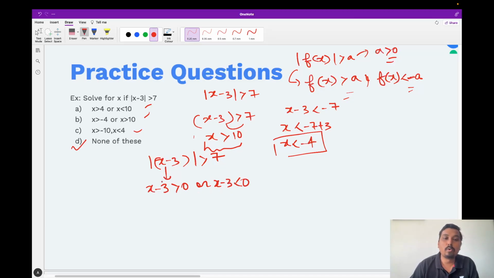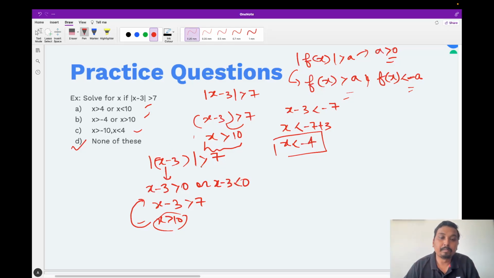We don't know which, because once you put the absolute value symbol, it means I'm only asking for positive values, but x minus 3 could have been negative or positive. So two conditions will open. If this is positive, it will open as positive, so x minus 3 is greater than 7, x is greater than 10. You just see the condition, x is greater than 3, x is greater than 10. Definitely I am satisfying my condition, so it is correct.